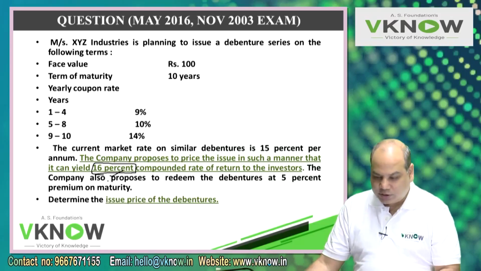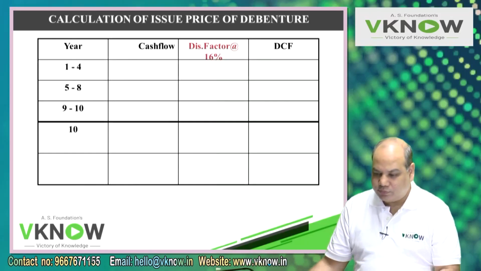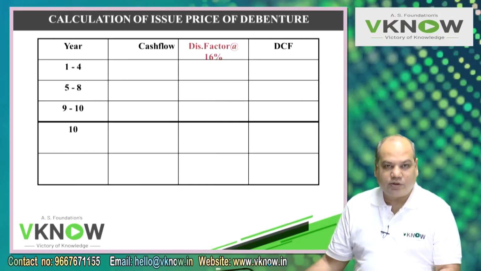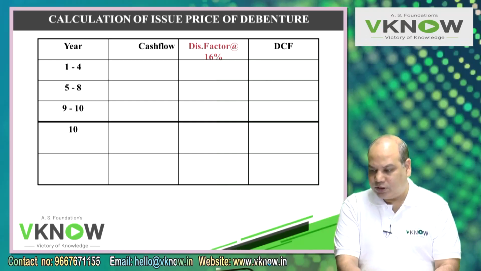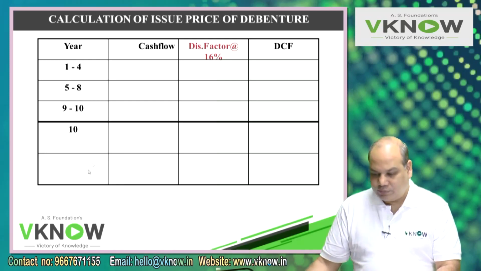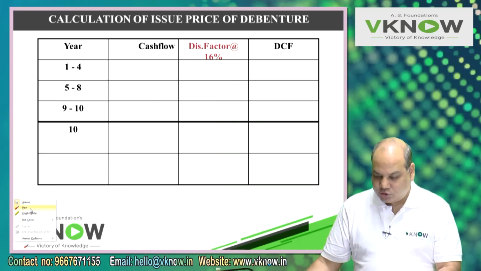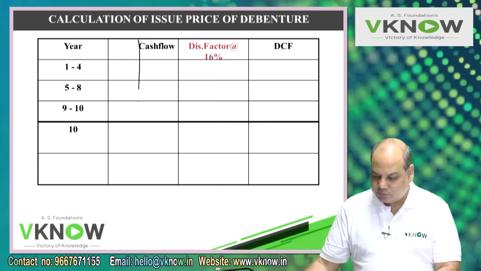So write down the answer. Heading first: calculation of issue price of debenture. Those who have the book can write in the book or you can write in the notebook as you wish. Year, particular, cash flow, discounting factor, discounted cash flow.